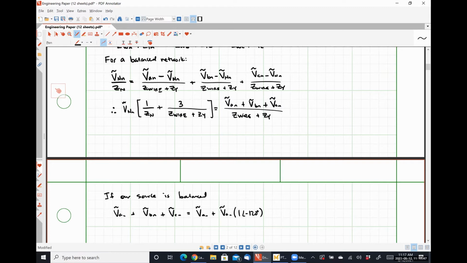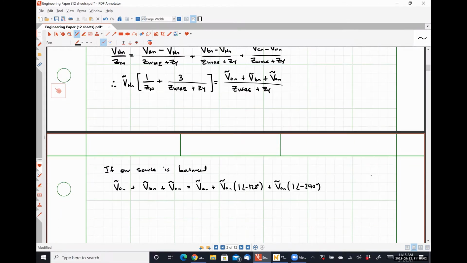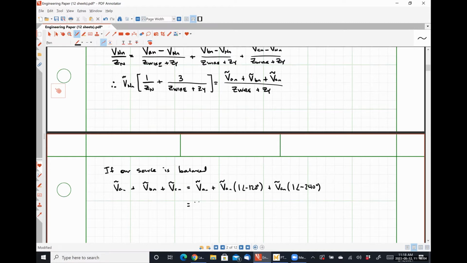Here I'm assuming a positive phase sequence. Plus VAN times 1 angle negative 240 degrees, which would then be VAN multiplied by 1 angle 0 plus 1 angle negative 120 plus 1 angle negative 240 degrees.